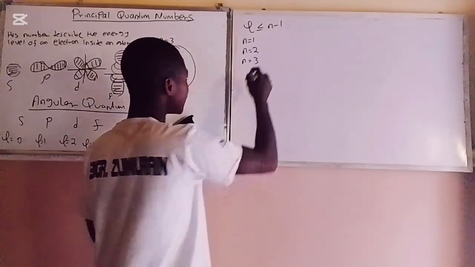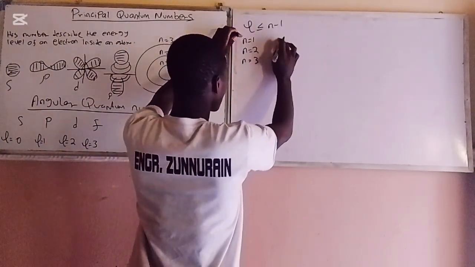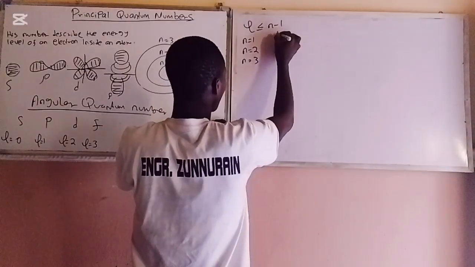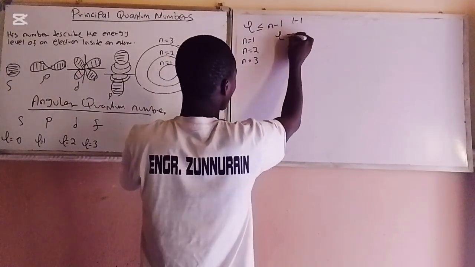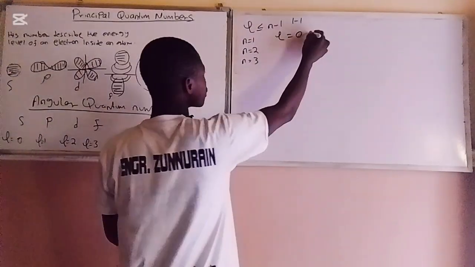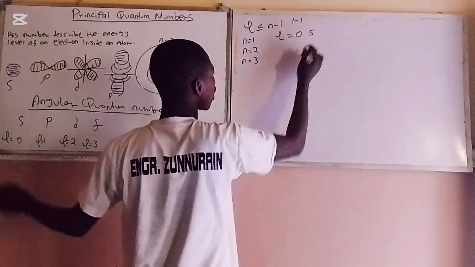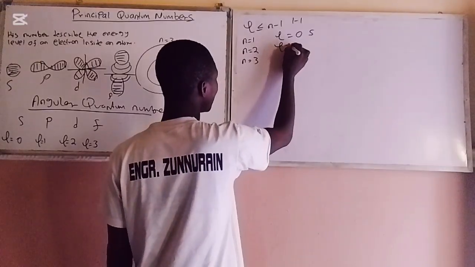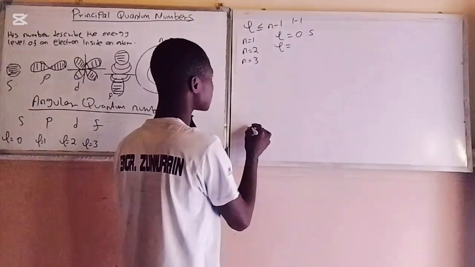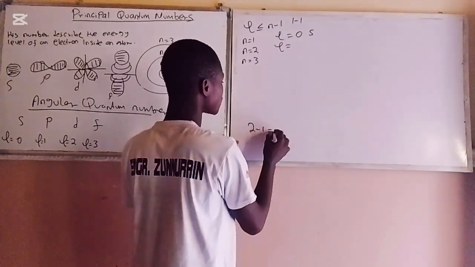So what I mean here is that if n is equal to 1, then n minus 1 is 0, so l is equal to 0. This is the s shell. But when n is equal to 2, that is 2 minus 1, which is equal to 1.